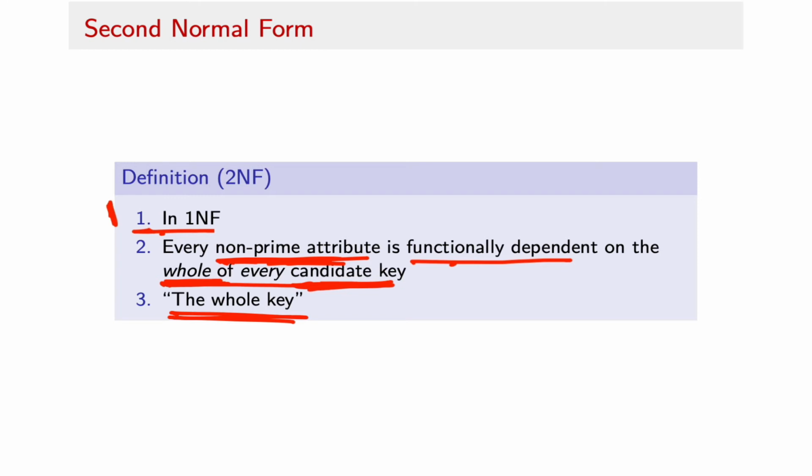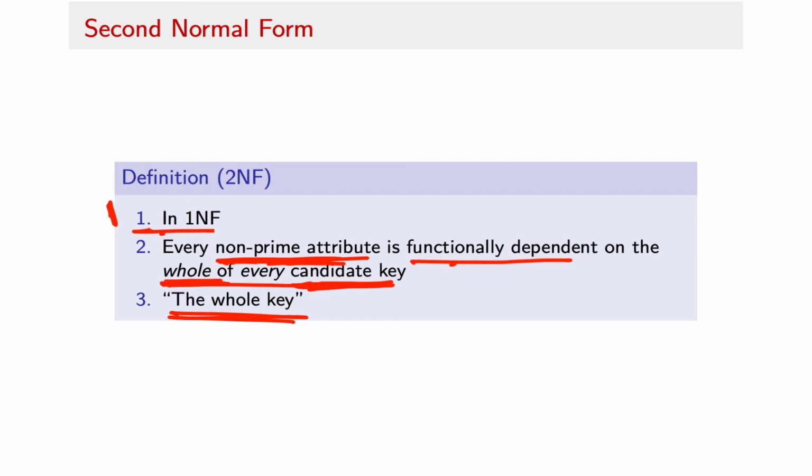Not only does this definition of second normal form give us the details of how we can tell whether a relation is in second normal form or not, it also gives us, a little bit implicitly, a procedure for taking something that is in first normal form but not in second normal form and creating a second normal form version of that.